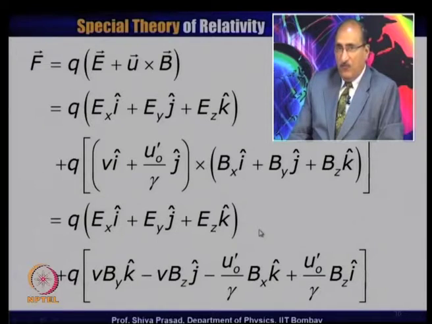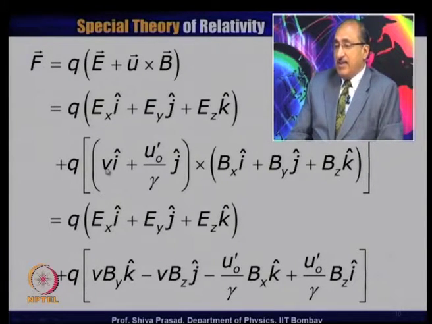First term, we just write like that, exactly in the same way here. Second term, let us take the cross product and write it, open it up. So, let us first take V i cross Bx i, this will give me 0, because i cross i is 0. Then I take the second term, i cross j will give me k. So, first term will be V By k. So, this is what I have written, V By k. Then I take i cross k, which is equal to minus j.